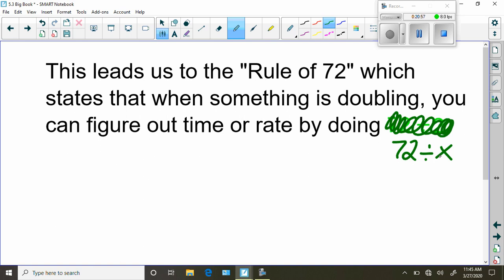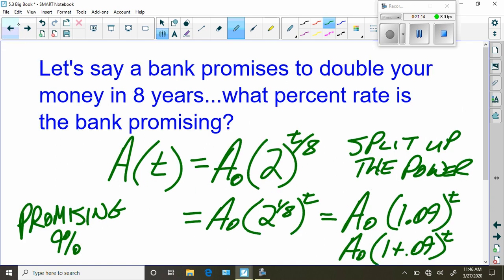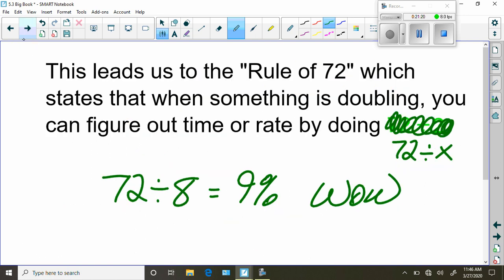Okay, so you know our last problem? I could have just taken 72 divided by 8 years and got 9%. Wow. How about that? Here's the thing, you didn't know it, but when I was doing this problem, I already knew what the answer was, but I had to show you both ways, okay? But that only works on doubling, okay? Not tripling or anything like that.